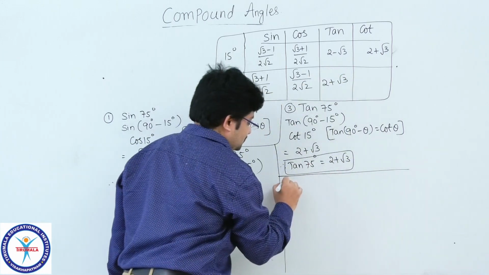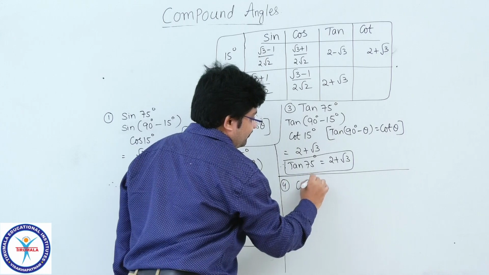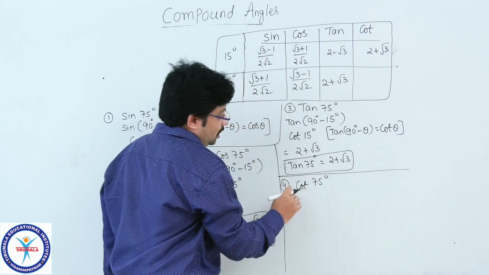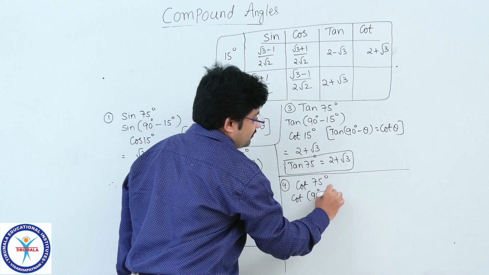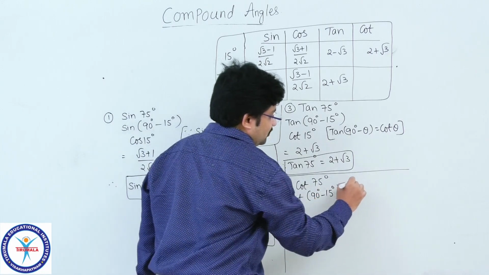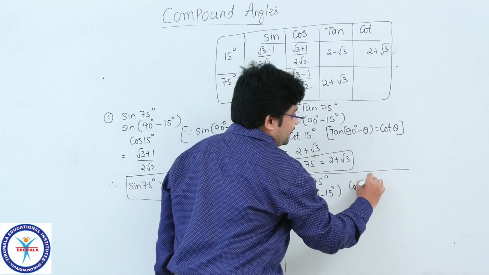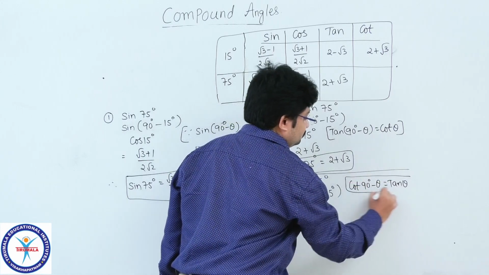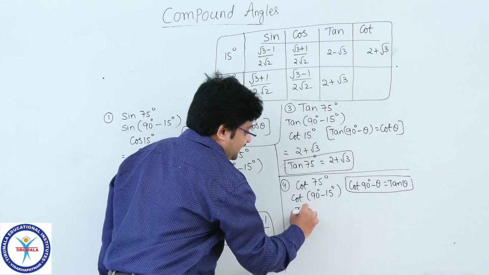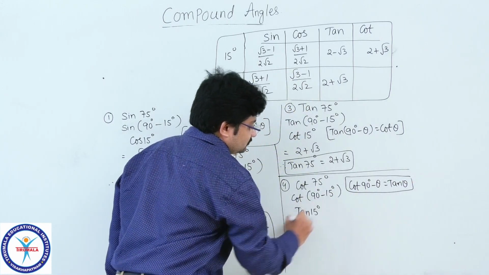And at last, cot 75 degrees. It can be written as cot (90 degrees minus 15 degrees). We know that cot (90 degrees minus theta) is tan theta. That is tan 15 degrees.